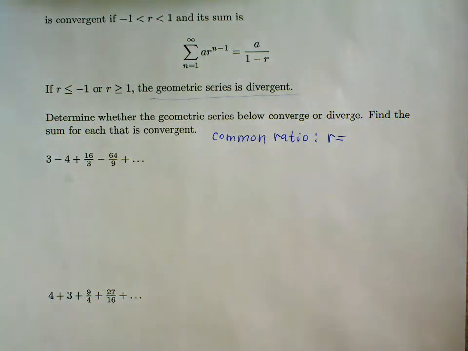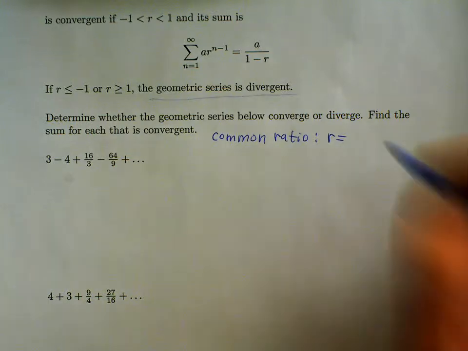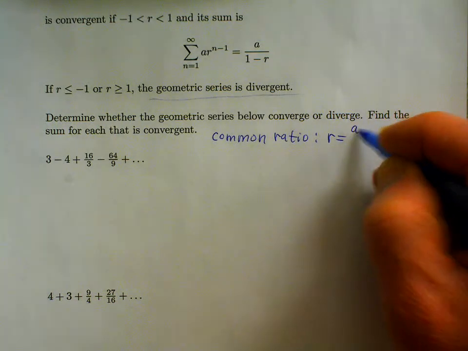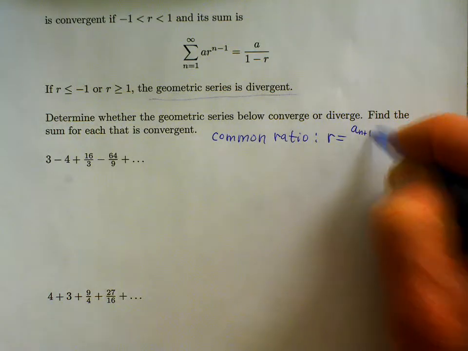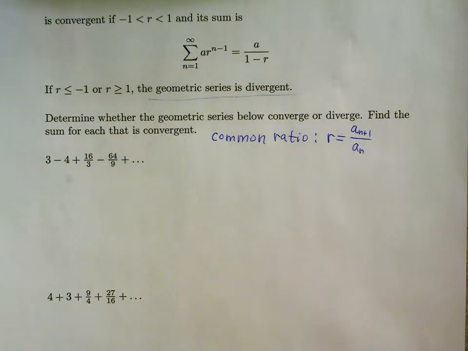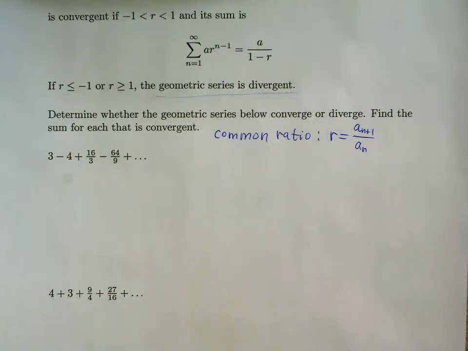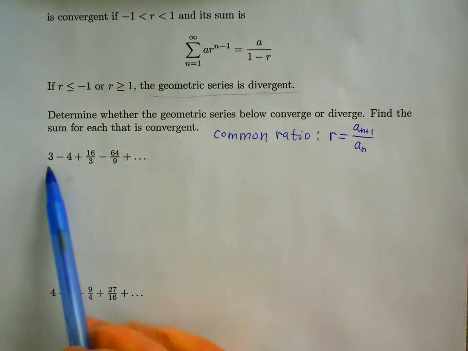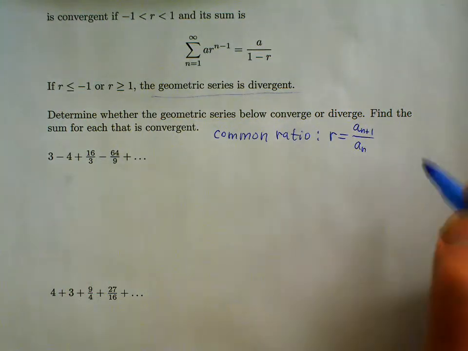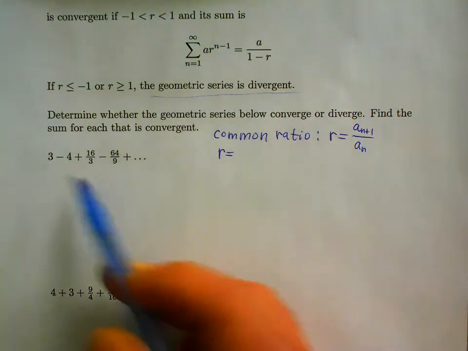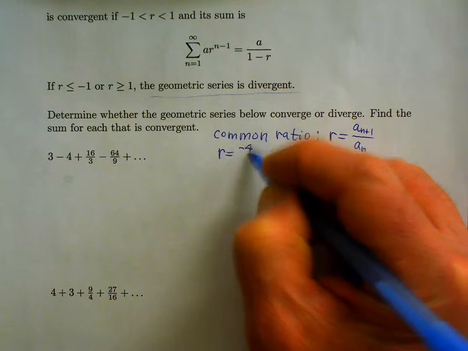Well, on a previous page, the formula for finding the common ratio is divide the n plus first term from the sequence by the nth term from the sequence. So we have infinitely many options. We only have 4 terms that show, but we could write -4 divided by 3.